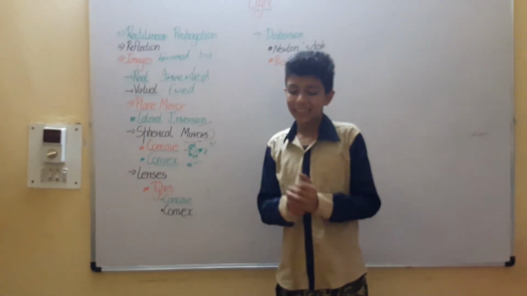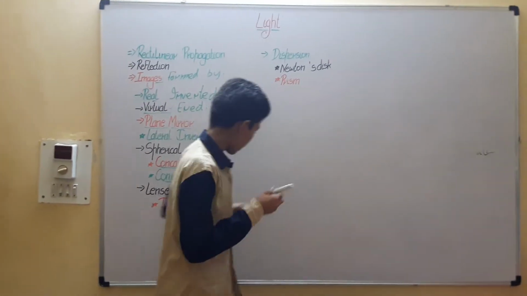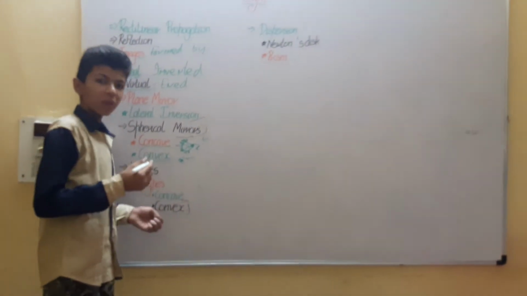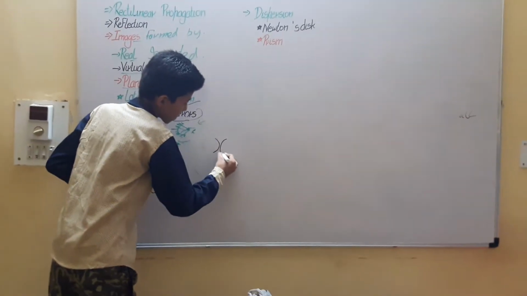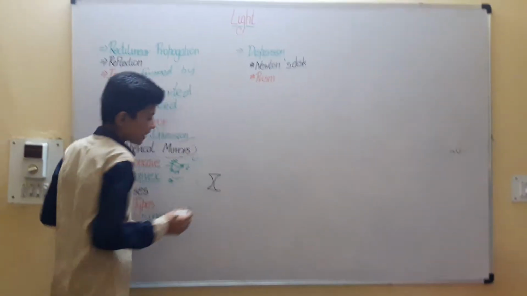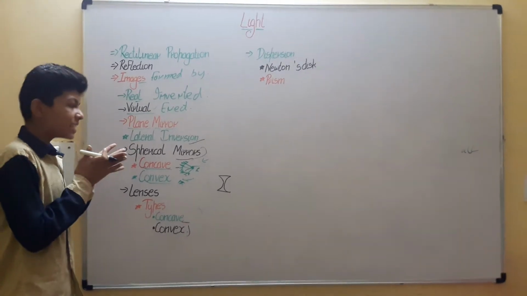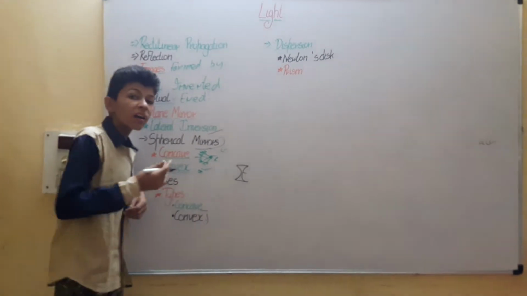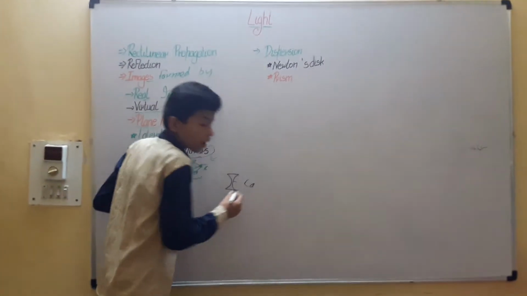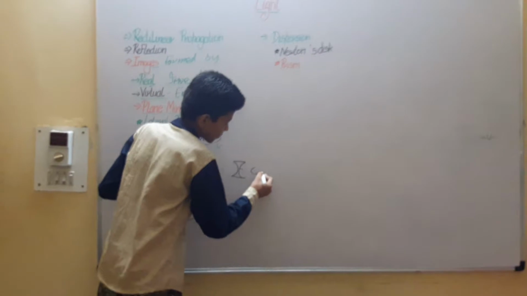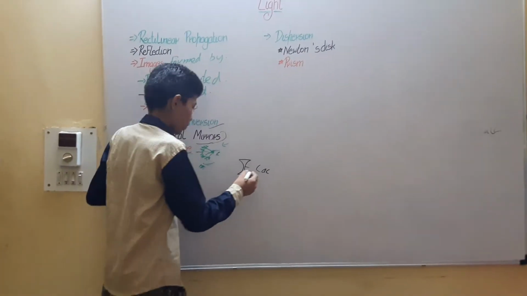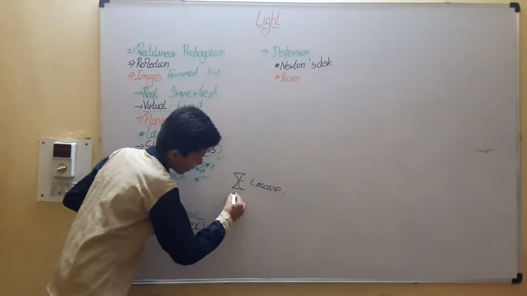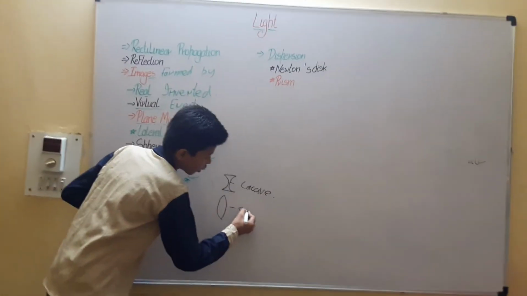So let's first learn about the types, the concave and the convex. The types which have the bulge inside are called concave lenses, double concave lens, and when it has the bulge outside, this is called double convex.